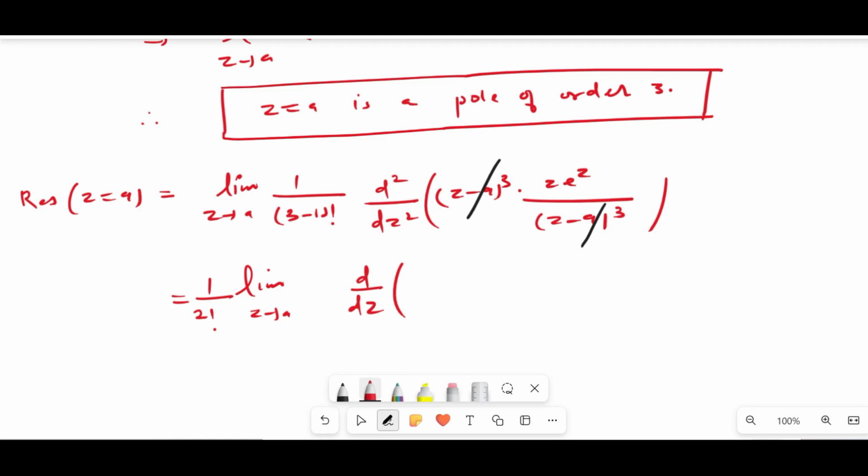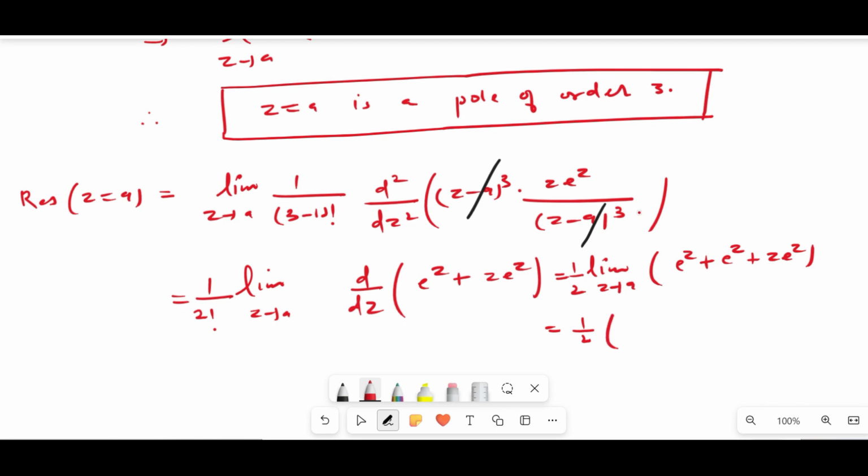It will give e to the power of z plus z e to the power of z, and again differentiate, we will get 1 by 2, z tending to a, e to the power of z plus e to the power of z plus z e to the power of z. So put the limit here: 1 by 2, that is e to the power of a plus e to the power of a plus a e to the power of a.